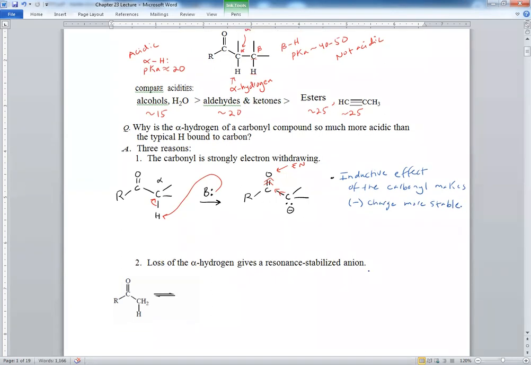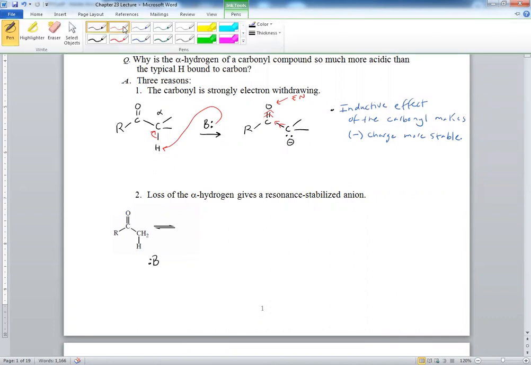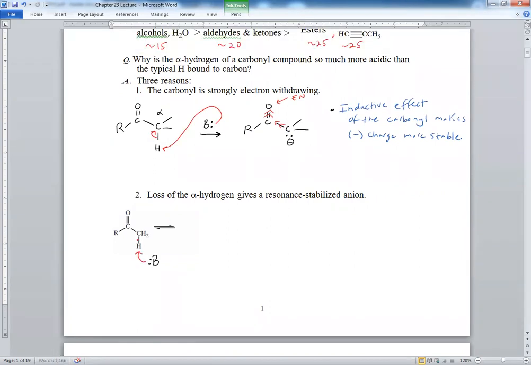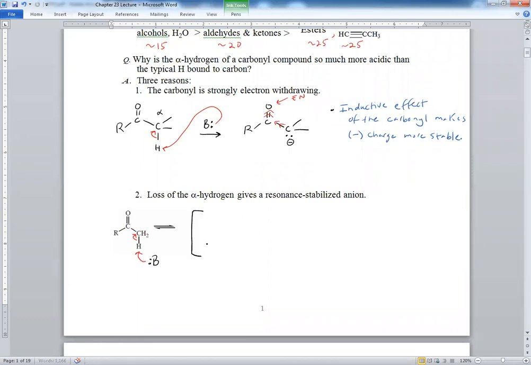Once again, this should be a review because we did discuss this before. Now, the second reason is, you guessed it, resonance. Resonance is always playing a role when you have a carbonyl compound. So let's look at resonance. Once again, we have a base that deprotonates the alpha hydrogen, and we're going to need brackets for the resonance here.